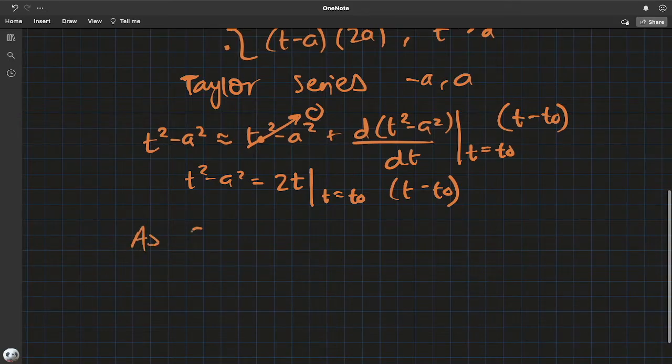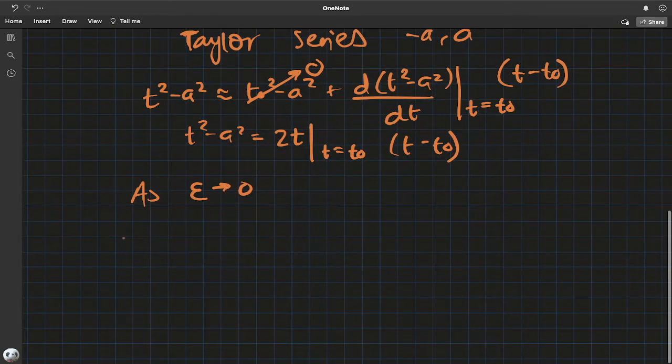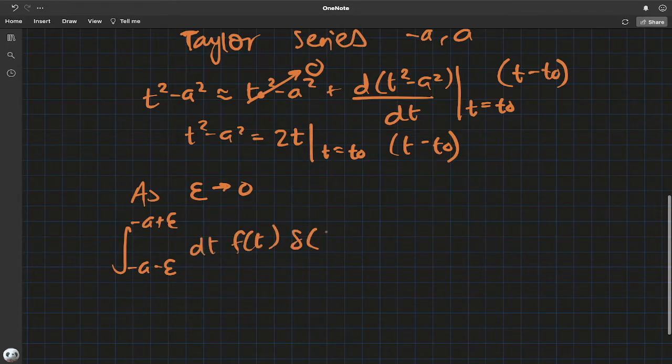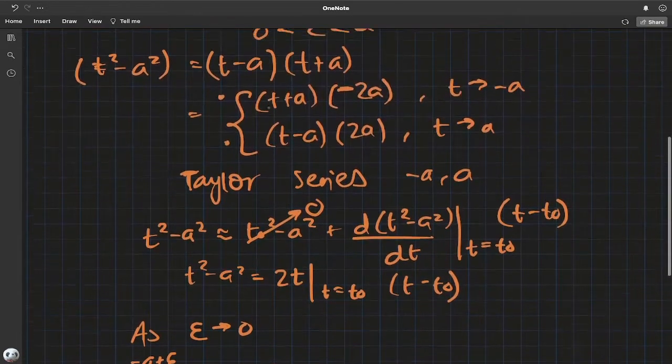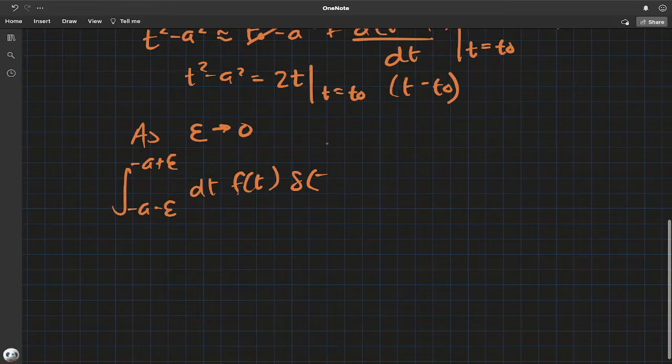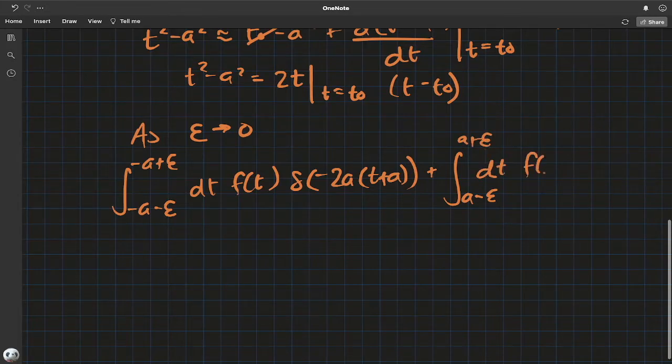Because as epsilon approaches 0, this integral from negative a minus epsilon to negative a plus epsilon dt f of t delta of, well, the first guy around negative a, we can expand using Taylor series to get negative 2a times t plus a inside the delta, plus the integral from a minus epsilon to a plus epsilon dt f of t delta of 2a times t minus a.